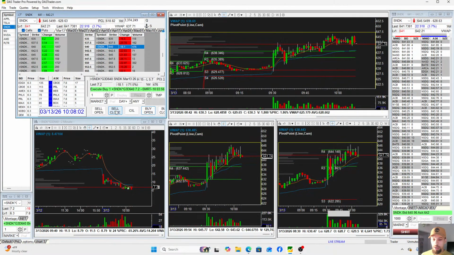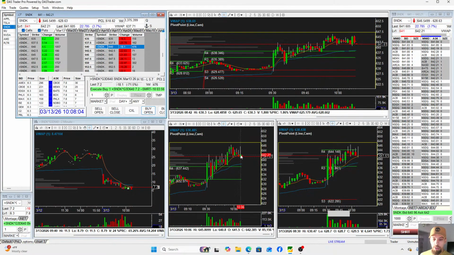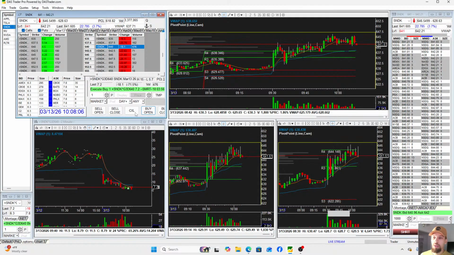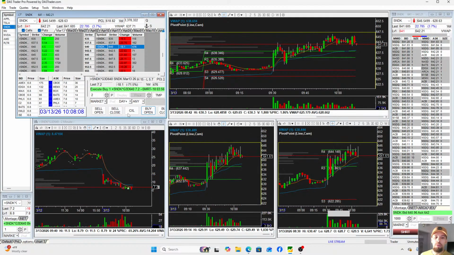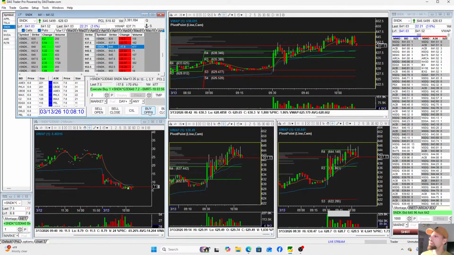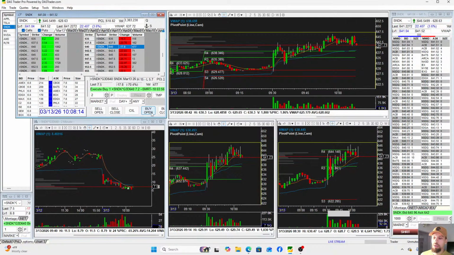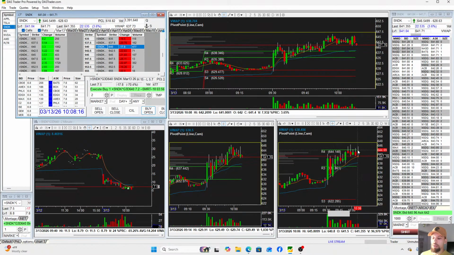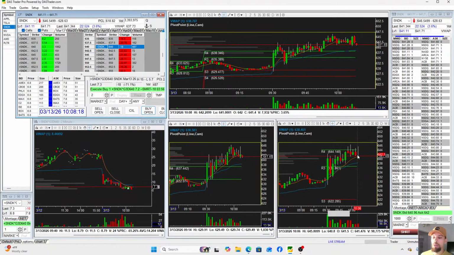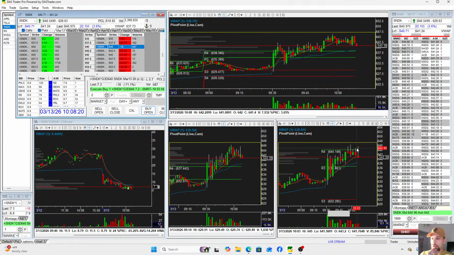Seeming to pull back here. It's a nice 2-minute candle there. Might want to add a little bit. SPY and Qs are selling off. 3-minute looks good, that's nice for me. So I'm just watching now.